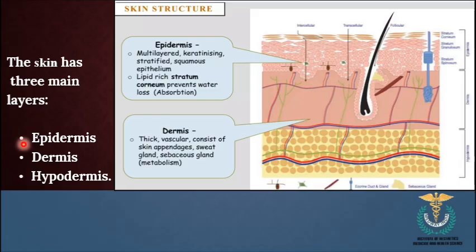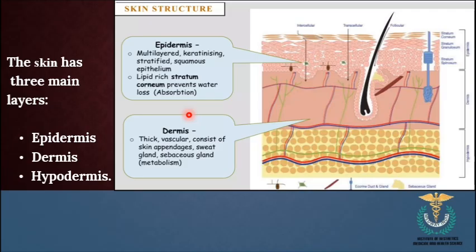So the skin is the largest organ of the human body, and it plays a vital role in protecting us from external factors, and also helps in production of vitamin D. The layers of the skin include the epidermis, the outermost layer of the skin, responsible for protecting the body from external factors such as water loss, temperature, and mechanical damage. Then the layer beneath the epidermis is the dermis, which is composed of connective tissue, blood vessels, and nerve endings.